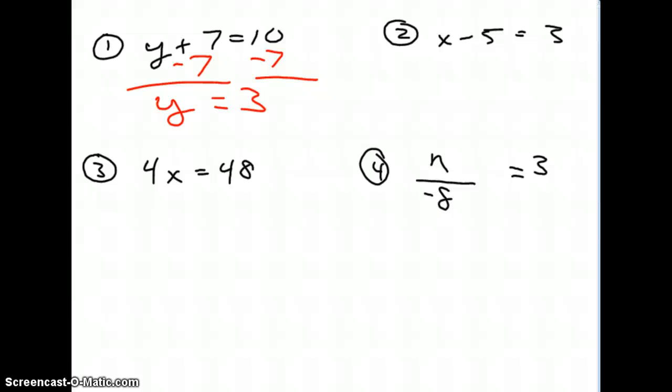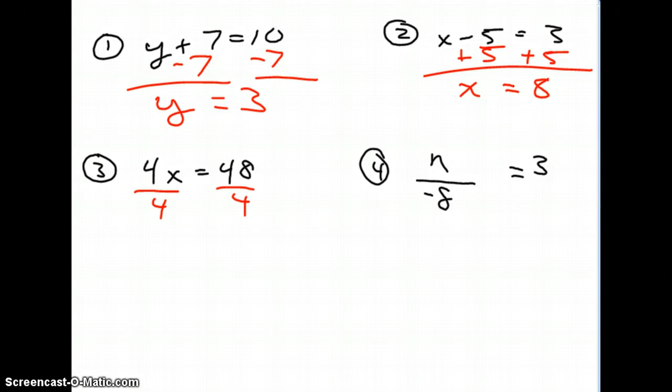Isolating x, what will you do? Okay, so we actually add 5 to both sides in number 2. We have x equals 8. Number 3, Sabrina. Yeah, divide both sides by 4, and you end up with?